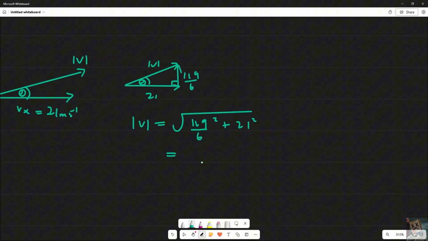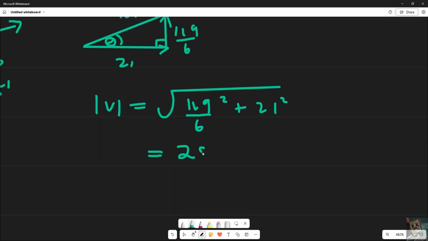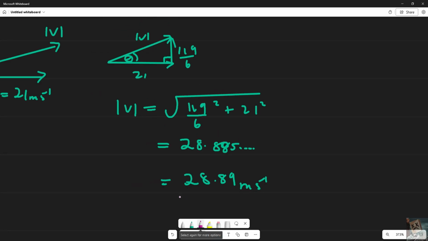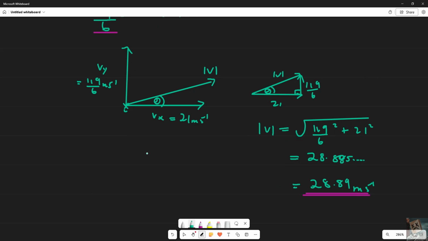That's giving us a weird number, 28.885, so 28.89, let's say, meters per second. So that is the magnitude.